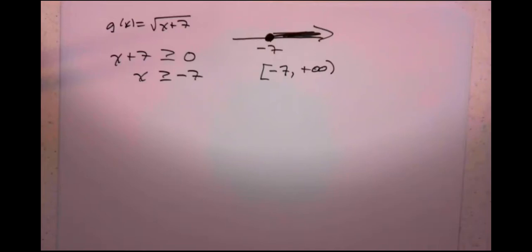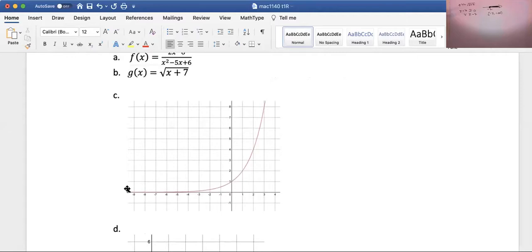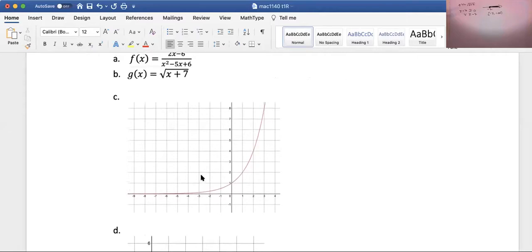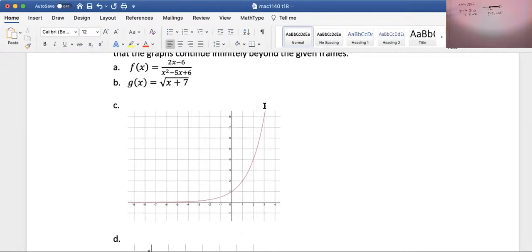What do we have next? This thing. What is my domain? We're assuming the graphs continue infinitely beyond the frame. So we assume there's arrows here heading up and there's arrows here. And the reality is this is all real numbers.